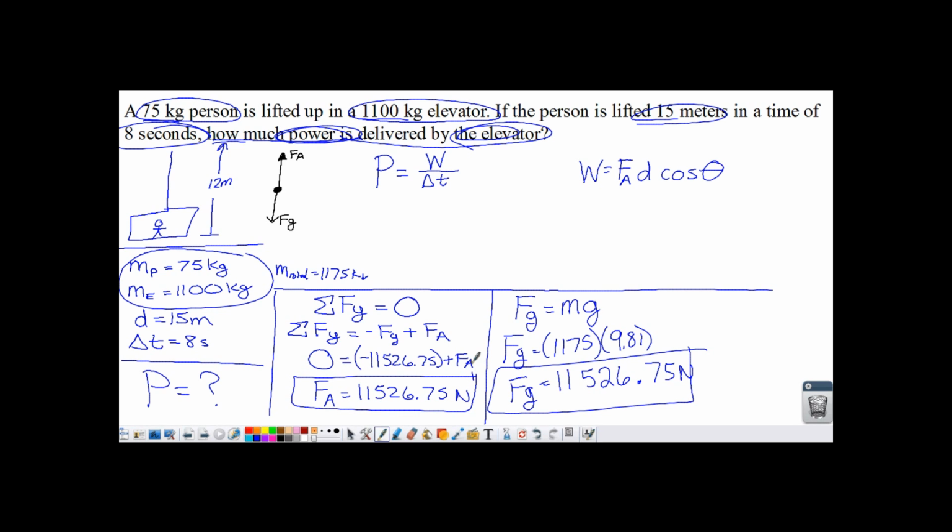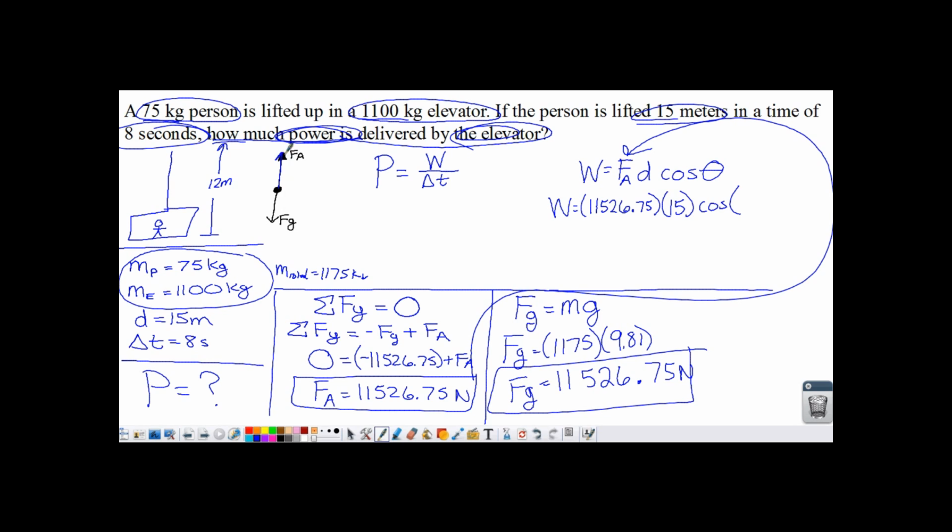Now we can substitute that up here. So the amount of work that was done is equal to 11,526.75 newtons times the distance, well, the person in the elevator traveled 15 meters, times the cosine of theta, where theta is the angle between the force and the direction.